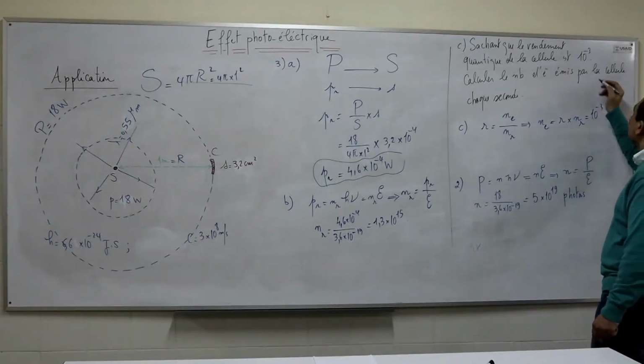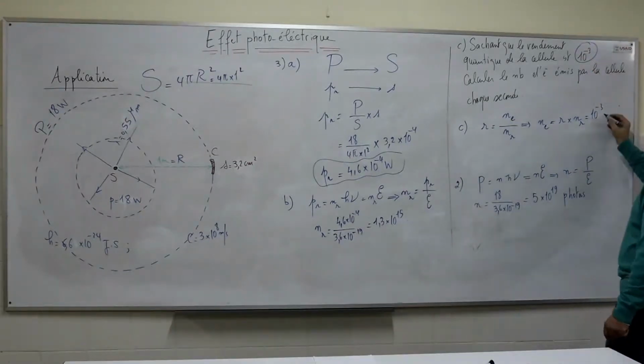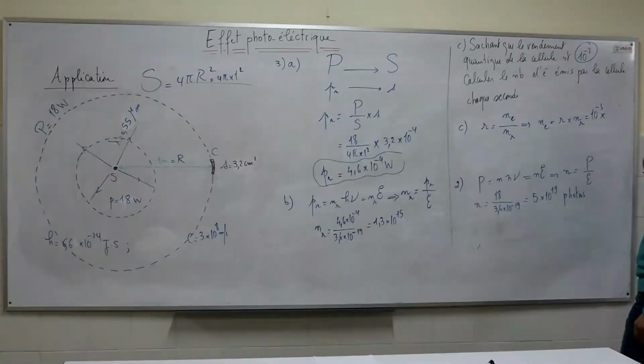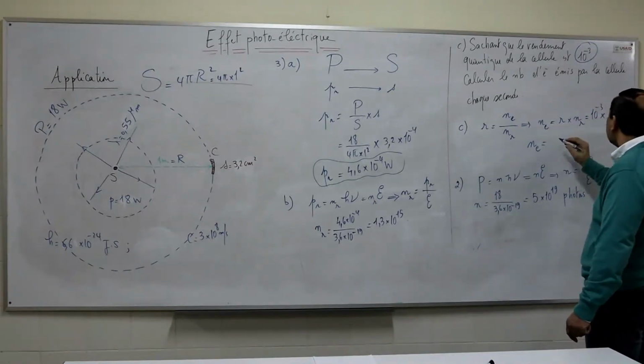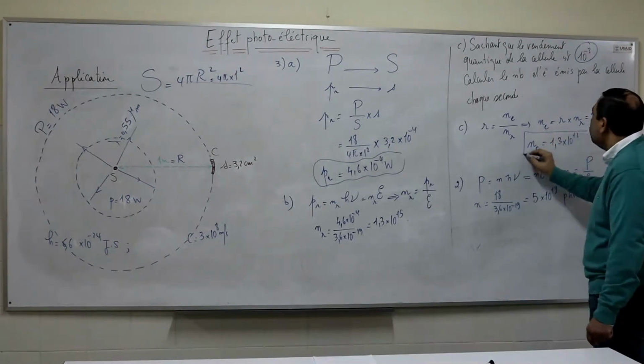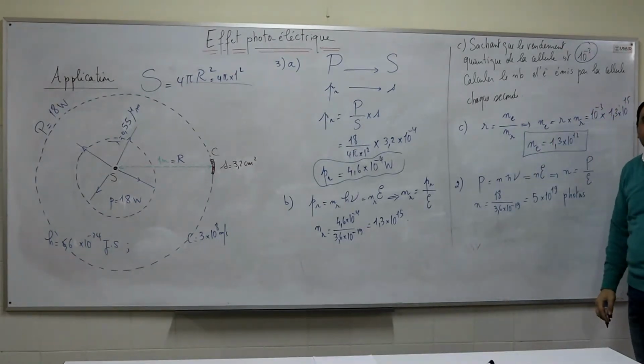This is equal to 10 exponent minus 3 multiplied by 1.3 times 10 exponent 15. The result is 1.3 times 10 exponent 12 electrons each second.